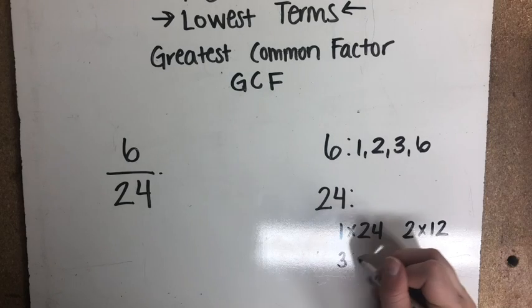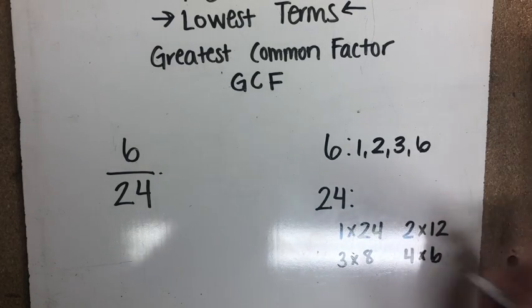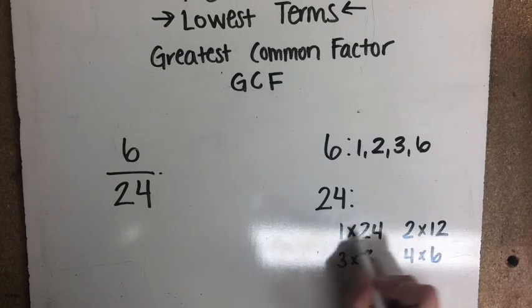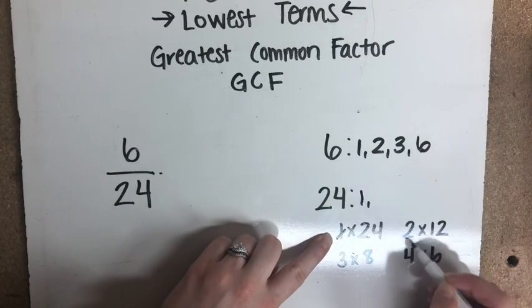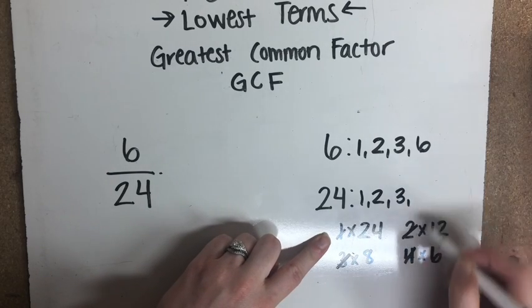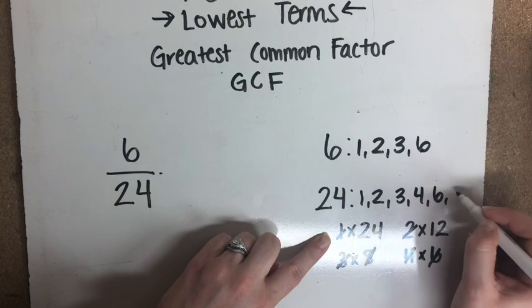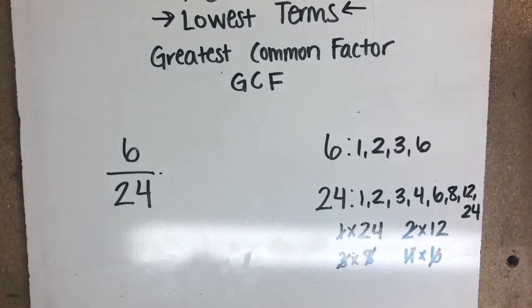I know I can do 3 times 8. And I can also do 4 times 6. So 24 has a lot of factors. Let's put all of these in a list from smallest to largest. So 1 would come first, 2, 3, 4, 6, 8, 12, and then 24 right there at the end.